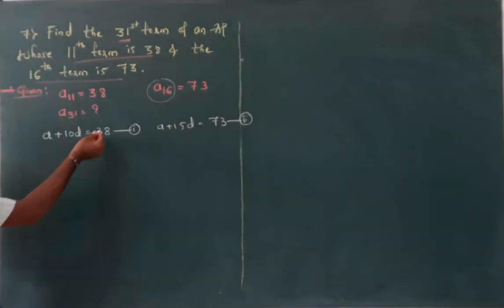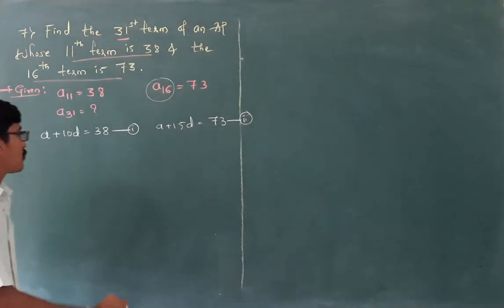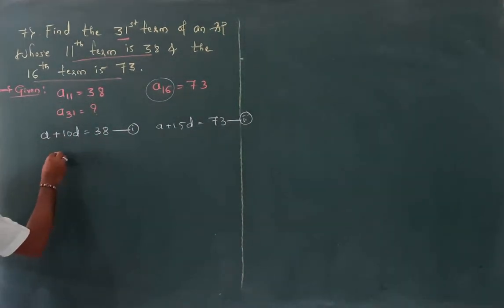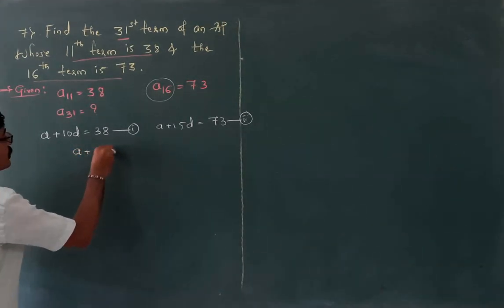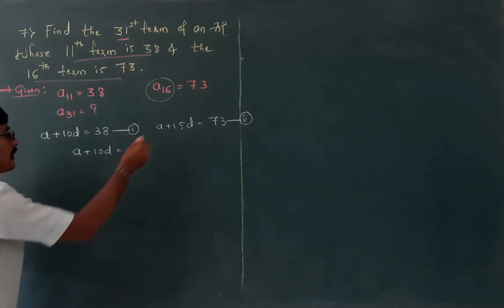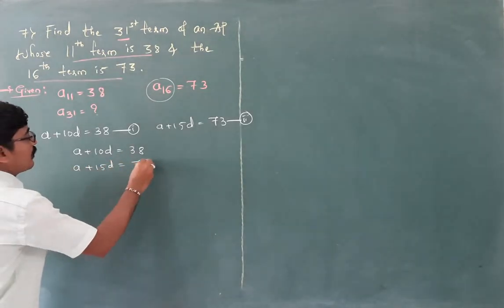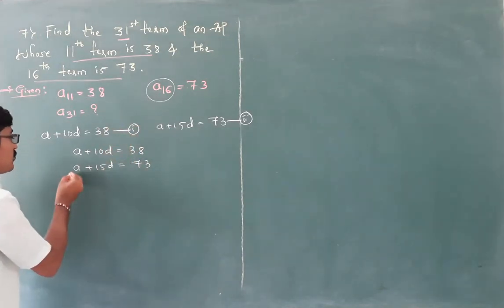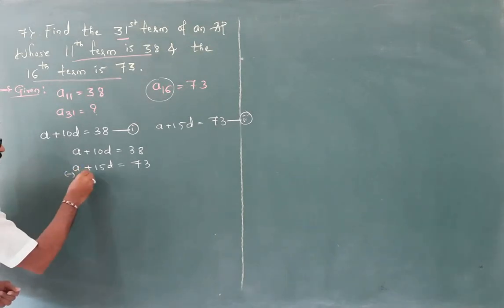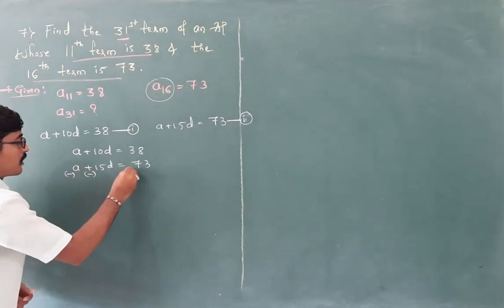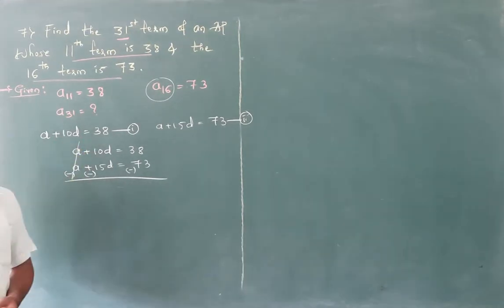So by solving 1 and 2, we will get the value of d. From equations 1 and 2: a plus 10d is equal to 38, then a plus 15d is equal to 73. Now change sides, plus becomes minus. Plus a minus a cancels.